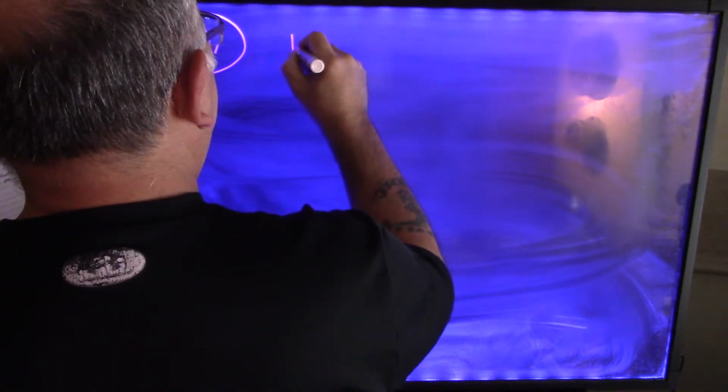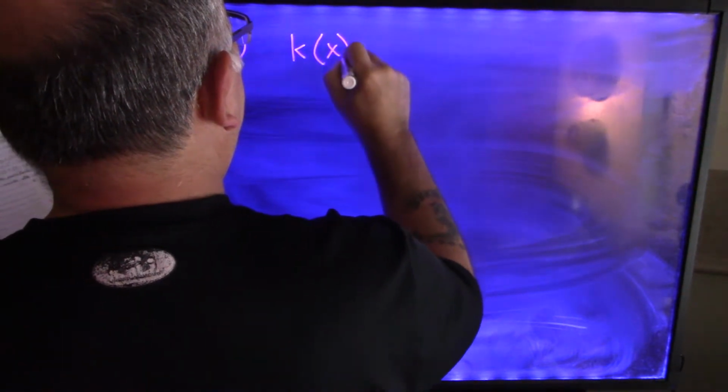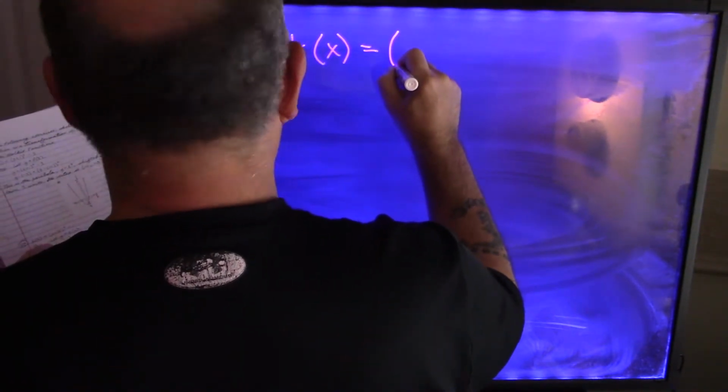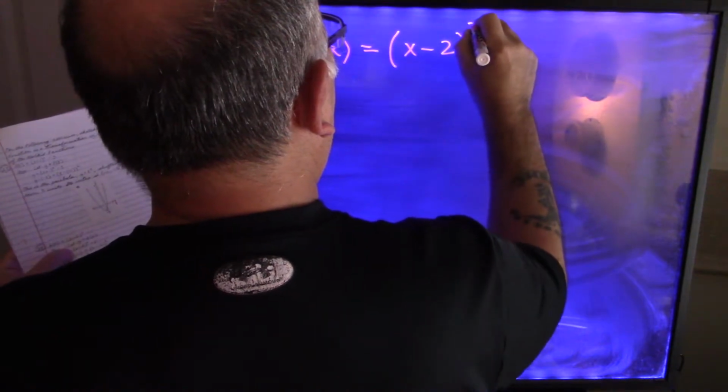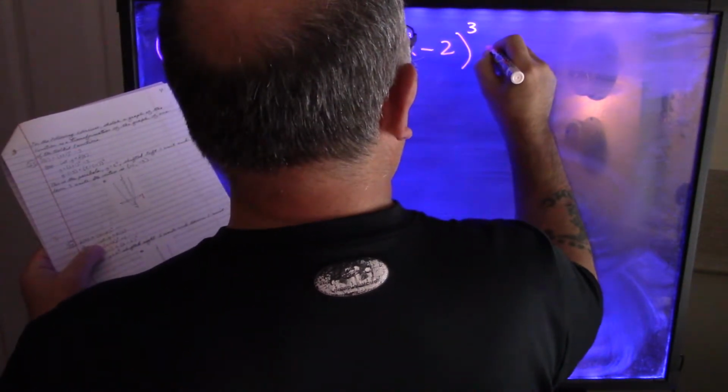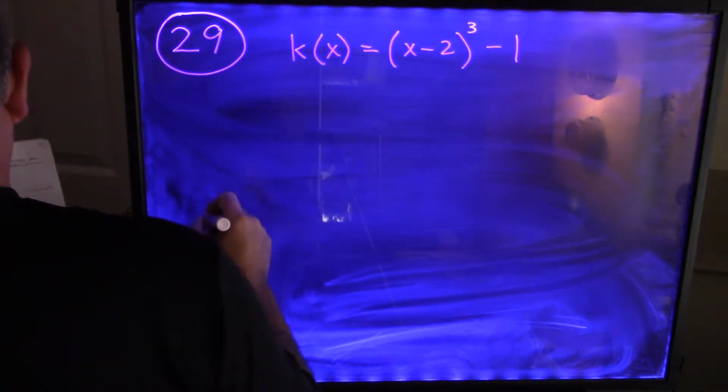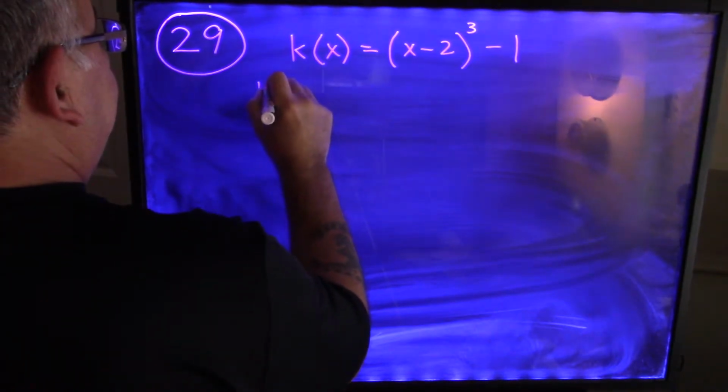Okay, number 29. K of x equals the quantity x minus 2 cubed minus 1. So let's let y equal k of x.